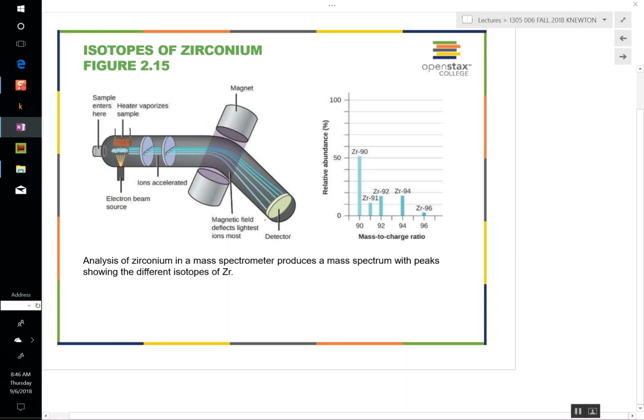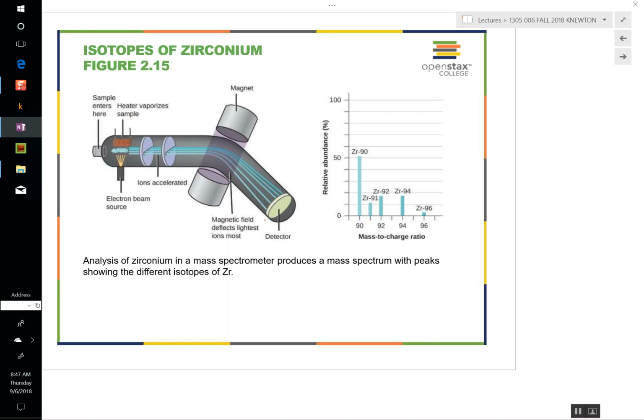So why didn't these coppers all seem to be alike? What they differed in was weight. Because some were lighter than others, when they went through this field, they deflected further. The magnetic field had a bigger impact on them. The heavier ones deflected a little bit. So here's 1, 2, 3, 4, 5 different isotopes of the same element. And that's how they discovered the neutron.